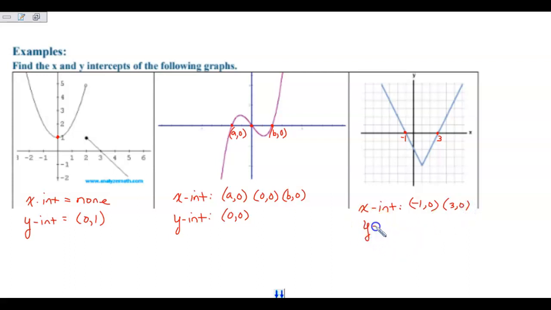My y-intercept is only occurring at this point right here at -2, and so for my y-intercept, x is 0, and y is -2. So you see how they can have no intercepts, they can have more than one intercept, or they can have only one intercept. Okay?